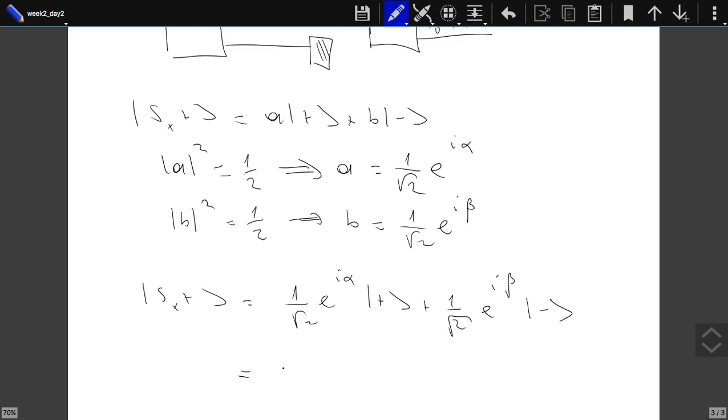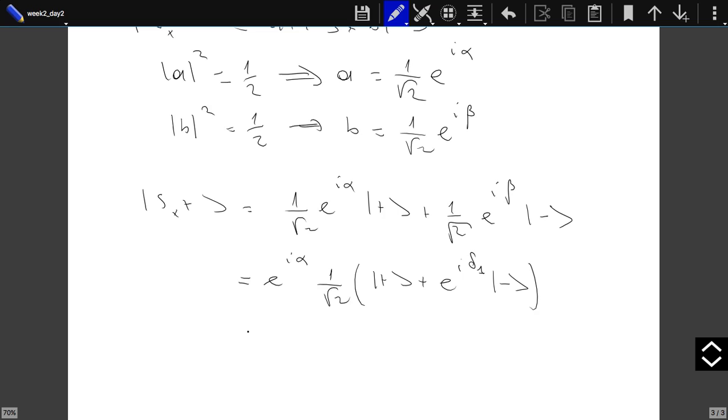Or I can also write this as e to the power i alpha times 1 over square root of 2 plus, plus e to the power i delta 1 minus, where I defined delta 1 to be beta minus alpha. So this should be the form of my Sx plus state consistent with my observation.